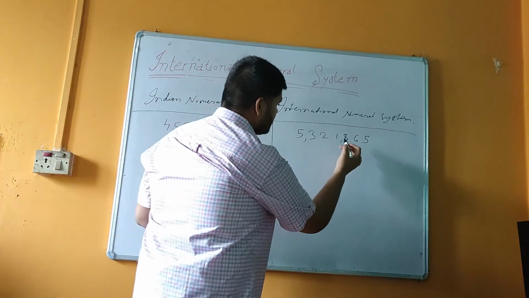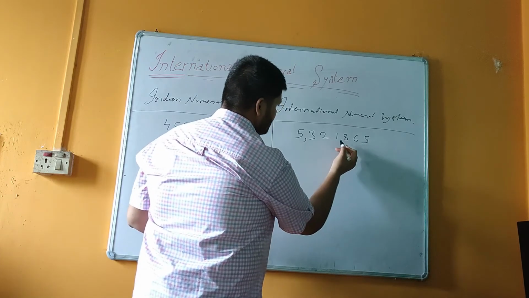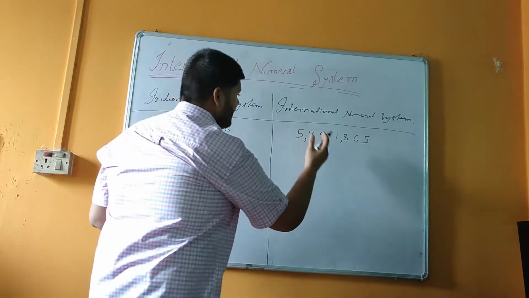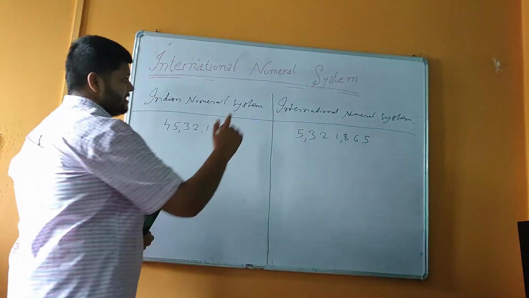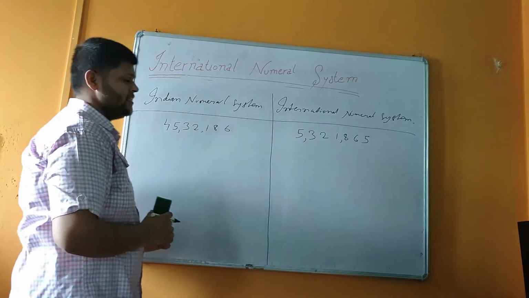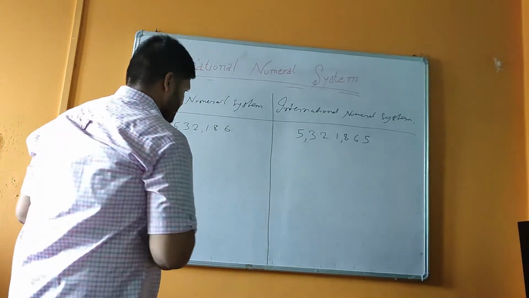This can only be told by the first 3 digits separated by a comma, and every time 3 digits separated by a comma. Then you can say that it is international numeral system. I hope you are clear with this.